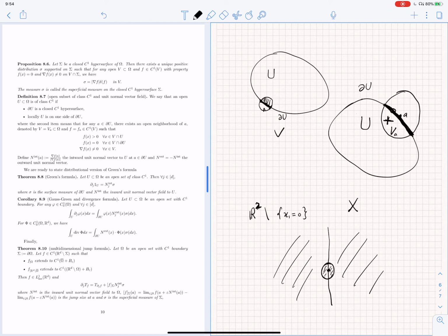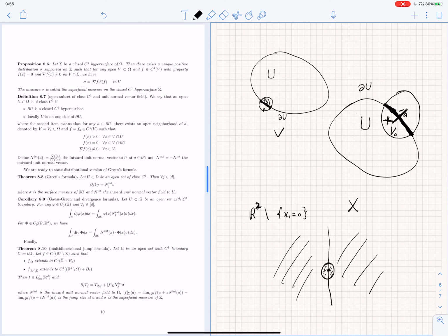So this is positive in here, and the gradient doesn't vanish, so necessarily on the other side we are going to have negative values at the point A. On one side we have positive values, and we also know that the gradient doesn't vanish, so it's a monotone function along this normal direction, so the other side will be taking negative values.